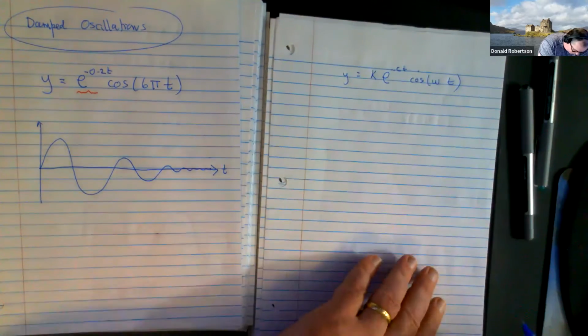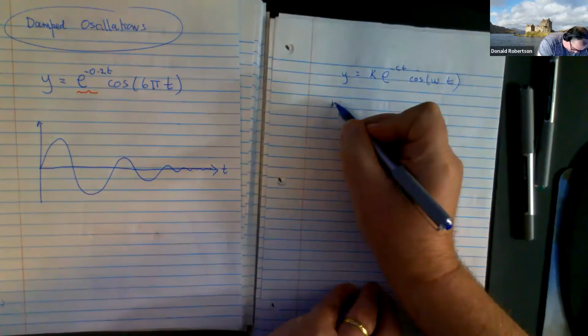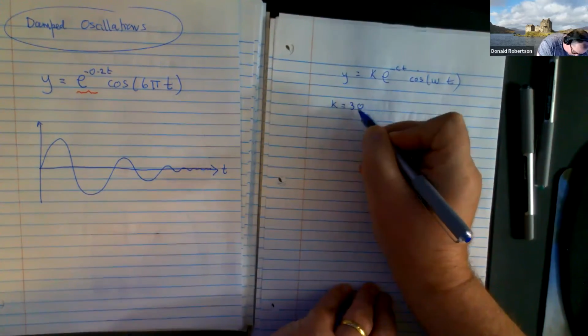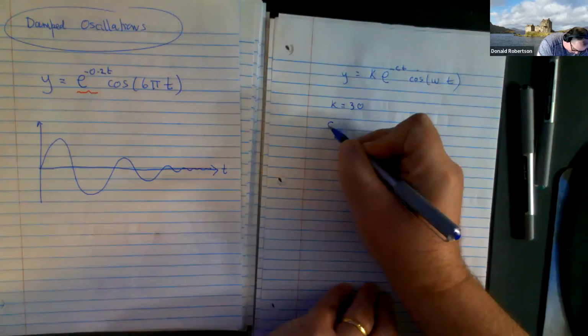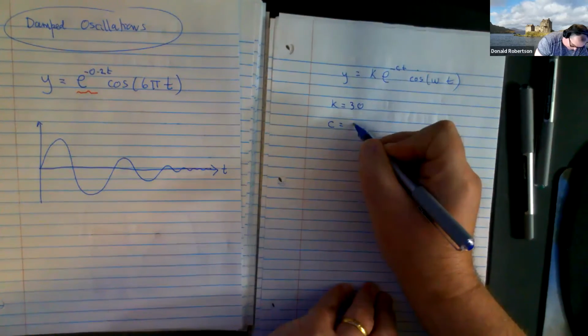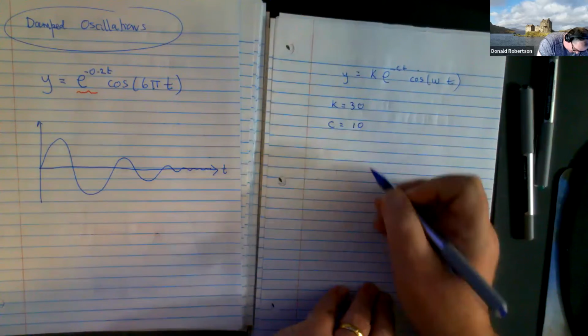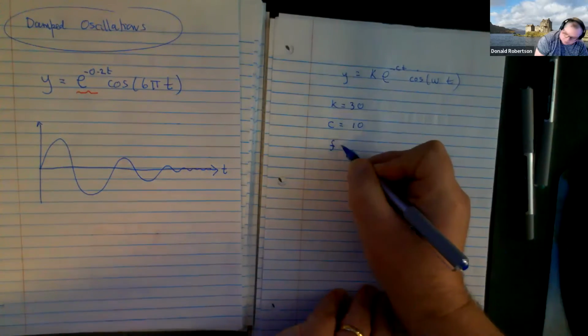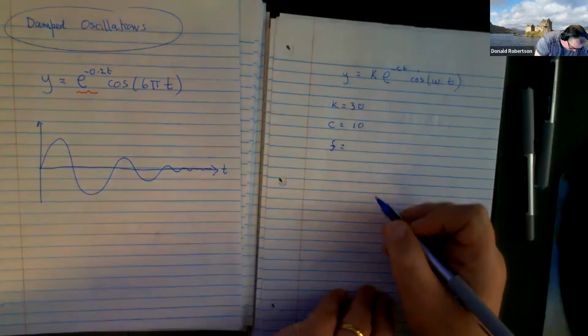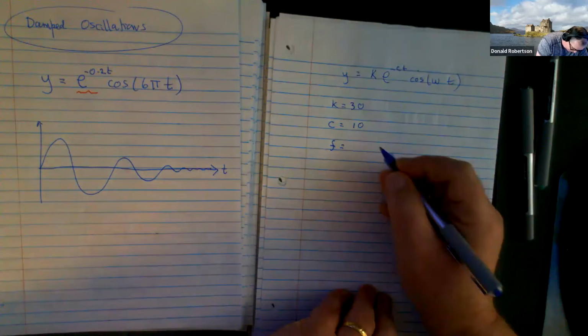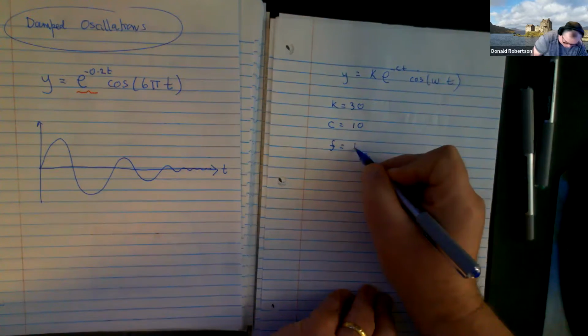And I tell you that K is 30, that C is 10, and F is equal to 40.